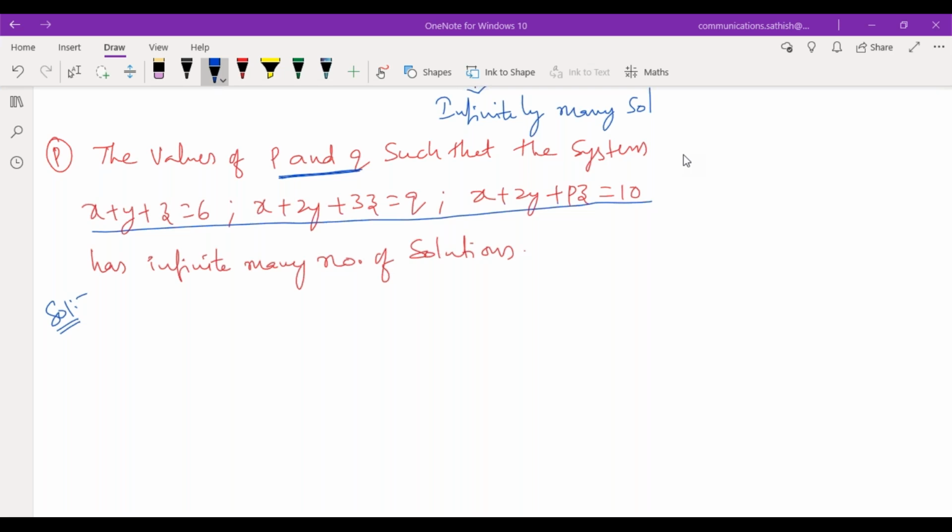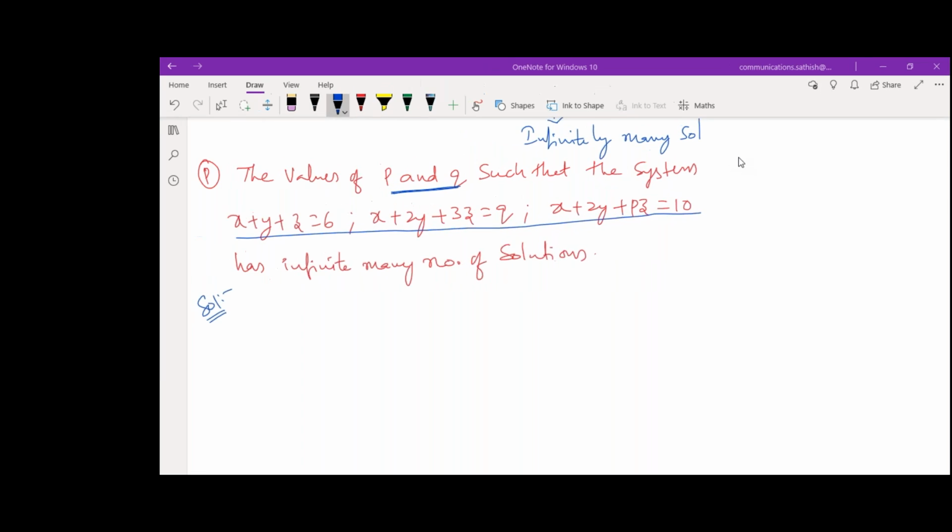Yes, ma, how will you solve it? Are you able to follow me? P value should be 3 and Q value should be 2.